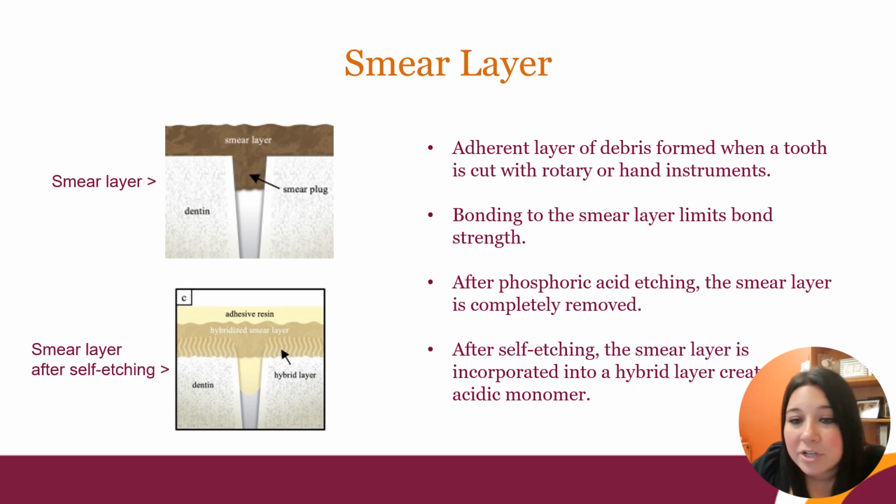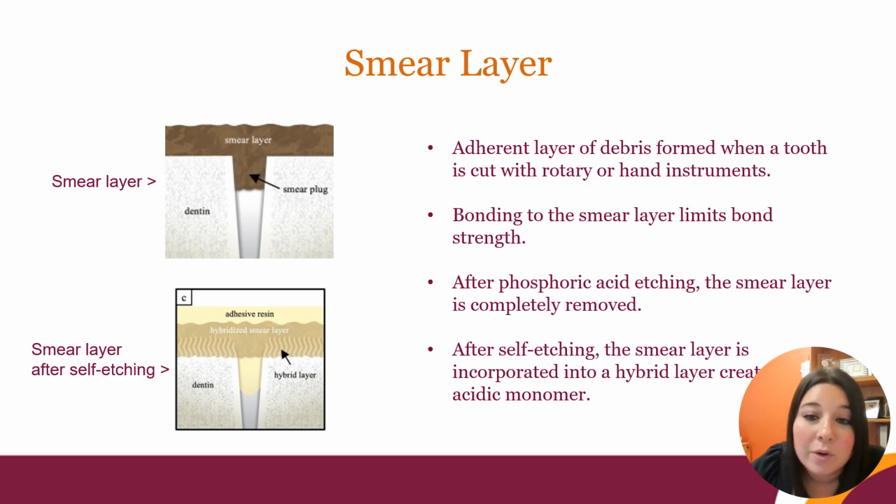If you are just etching with the plain syringe of 37% phosphoric acid, it is going to remove that entire smear layer. But with newer technology, we have universal self-etching systems like the VivaPen Adhese system that we are going to be using in lab. That is self-etching. There is etch built into that adhesive, so that works in a different way than normal etch. It is not going to remove the smear layer.